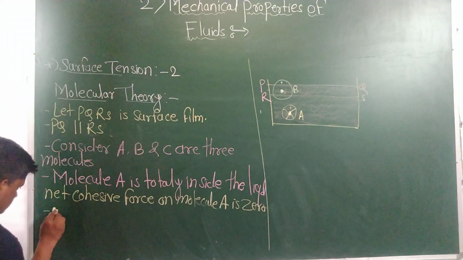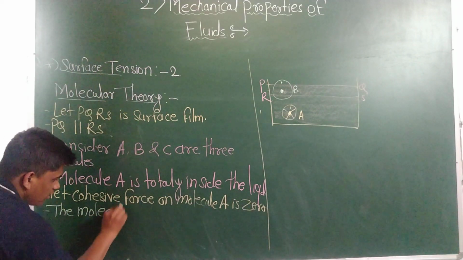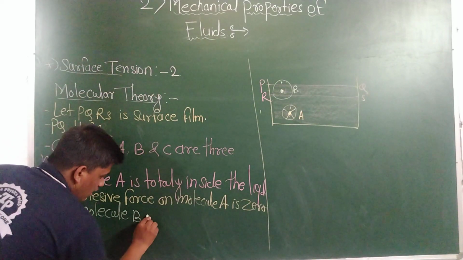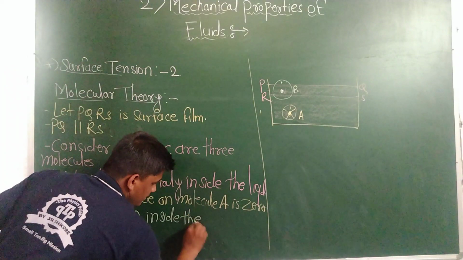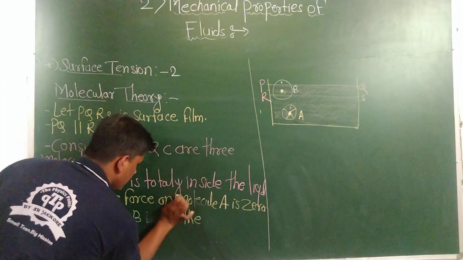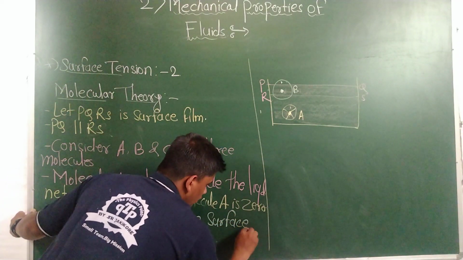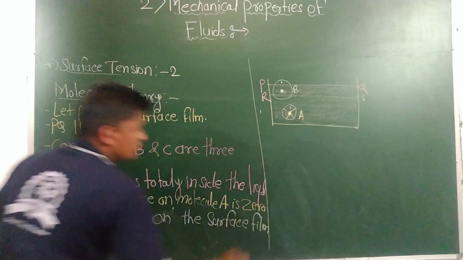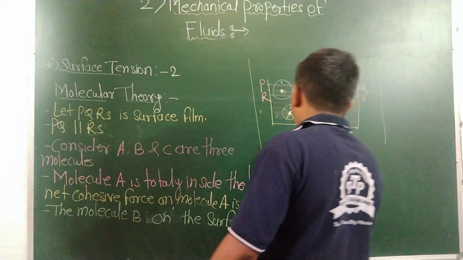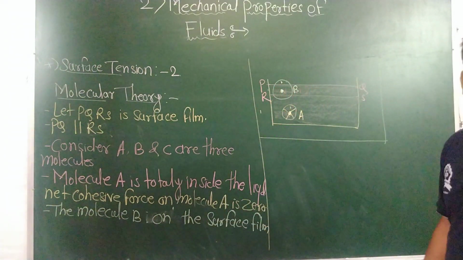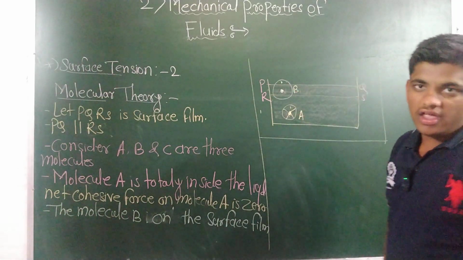Okay, I will take the molecule B inside or on the surface film, then the force of attraction, or cohesive force, is more than the adhesive force between the molecule B of the liquid molecules and the air molecules above.